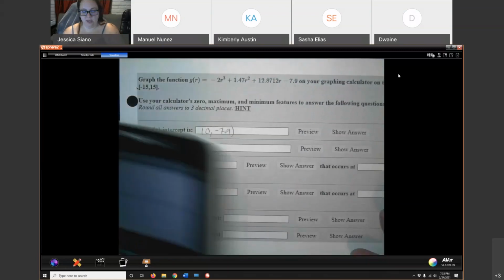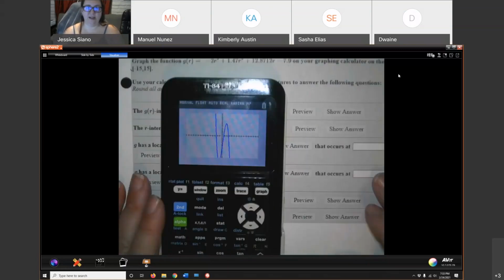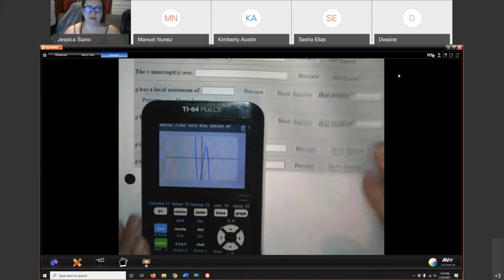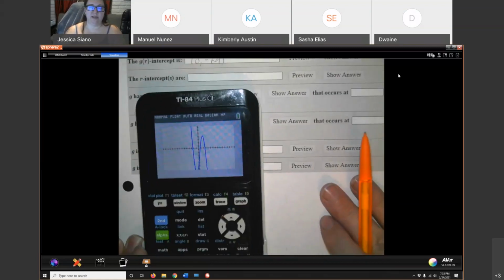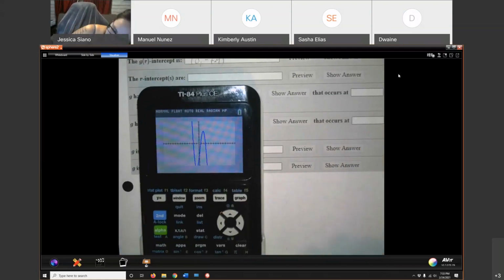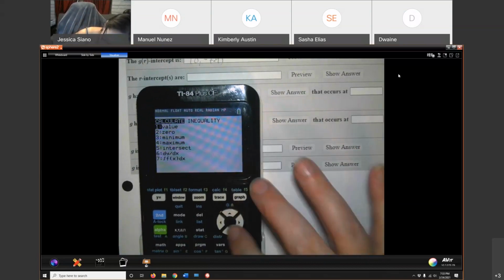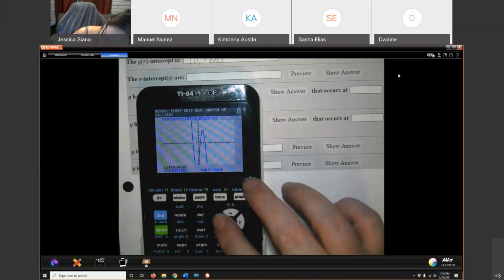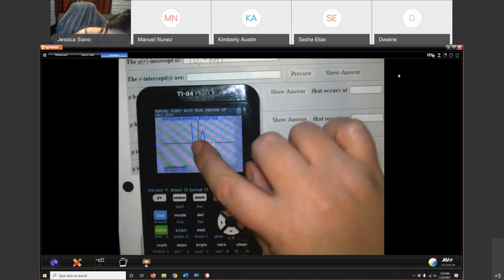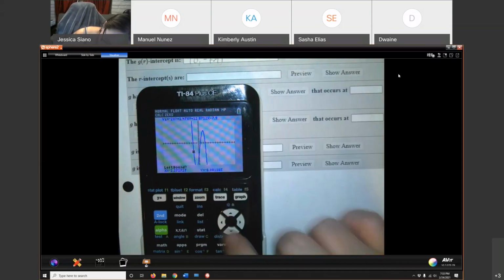Okay. Now we're going to use the calculator to find my r-intercepts. And so to do that, we press second and then trace to get to calc. We want a zero. You move the cursor so that it is anywhere to the left of the 0. So if we're looking for this 0 right here, I need my cursor to be on its left.